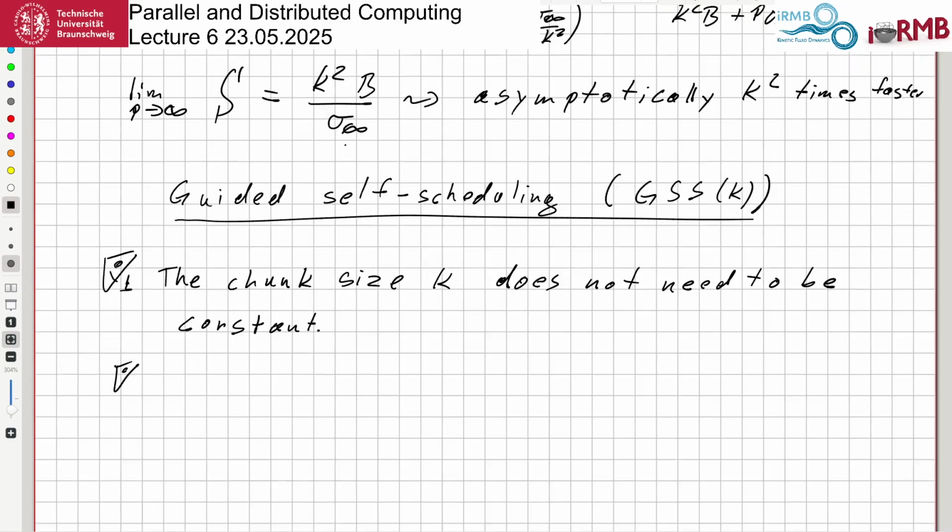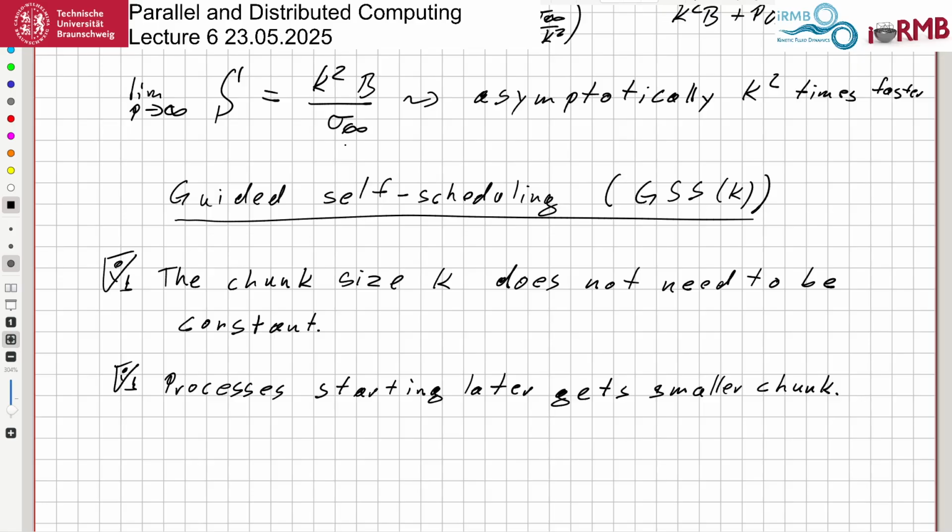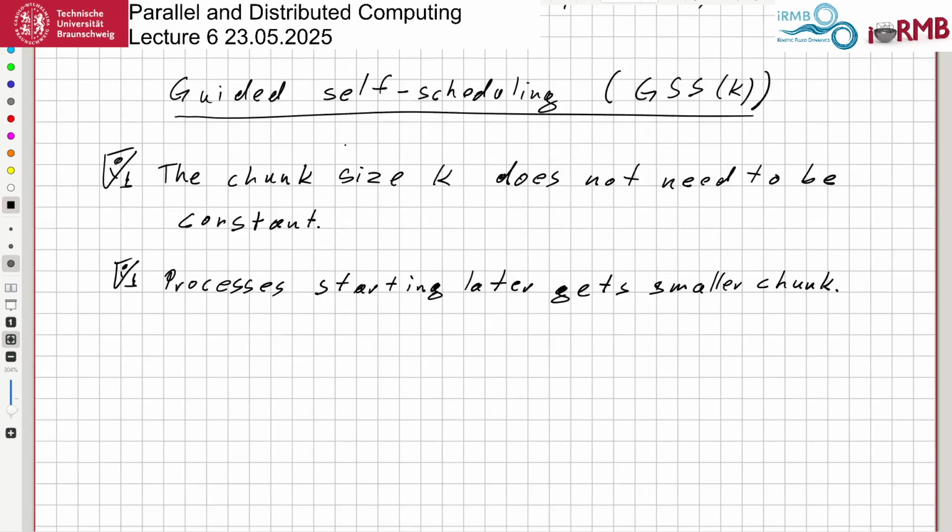And the basic idea here is that a process that starts later gets a smaller chunk size. So the way this is exactly done may depend, but here's an idea how it can be done, but I'm pretty sure that this is not always the optimal way of doing it.